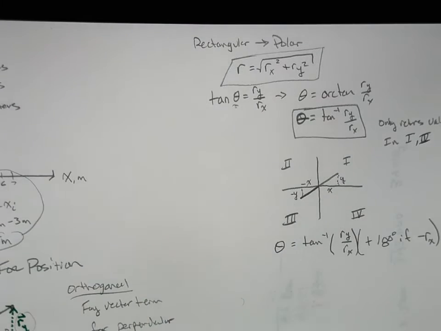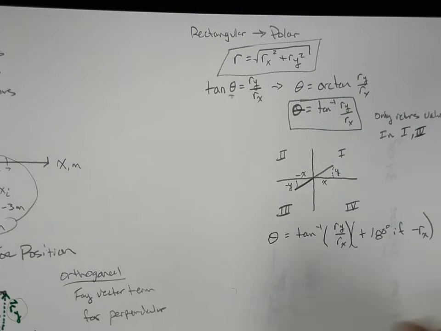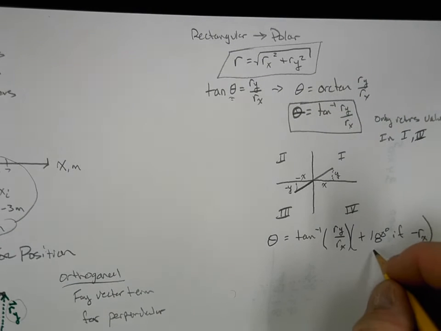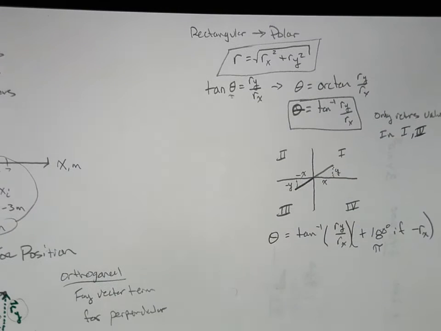Okay? So if x is a negative value, then we need to add 180 degrees, or pi in radians, if you like thinking in radians instead. That's going to be our new value for theta.